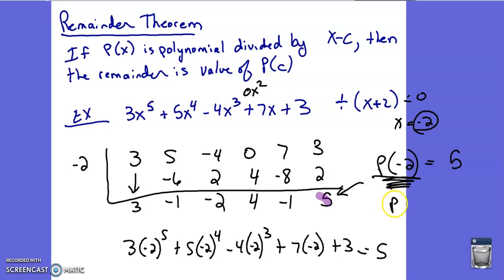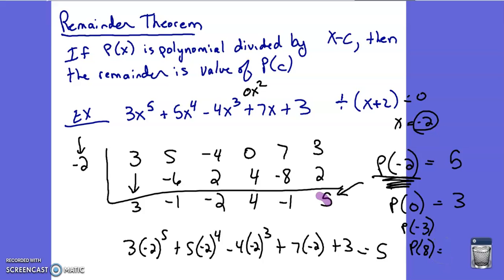So I could ask you to find p of 0. Well, p of 0, you can see if I plug 0 in, it's going to give me 3. Well, if I did synthetic division with a 0 out there, then I would end up getting a 3. If I did p of -3 or p of 8, it's the same as if I plugged it in.